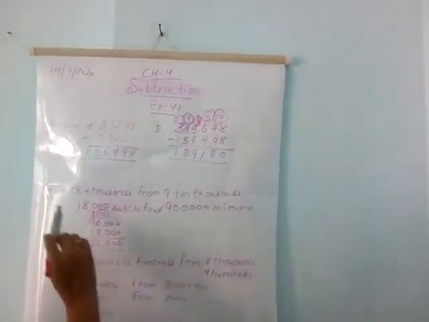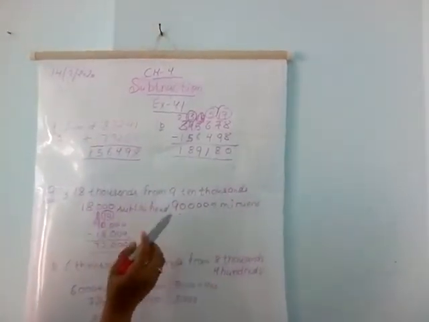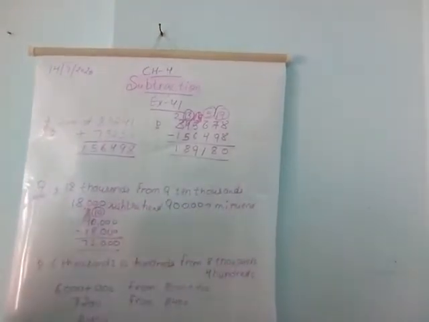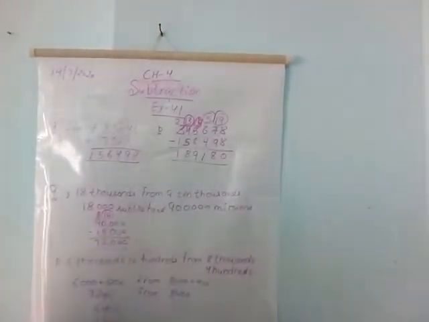So from 9,10,000 you have to subtract 18,000. First of all write the given number in proper numerals, so that it will be easier for you.